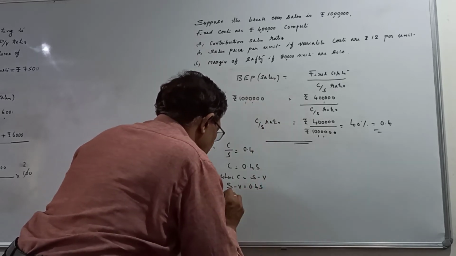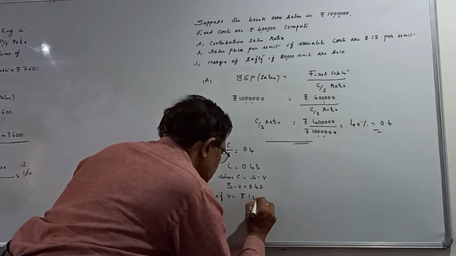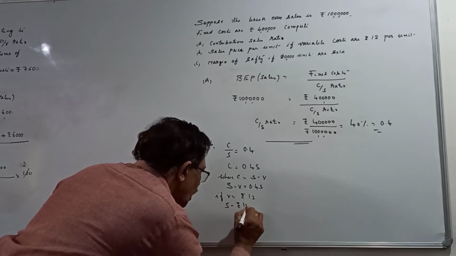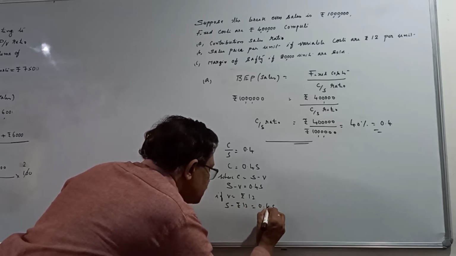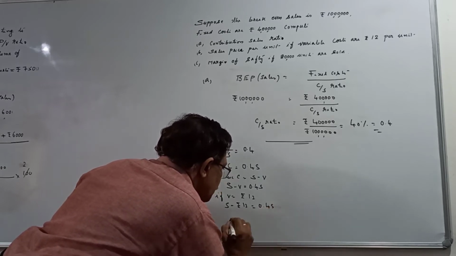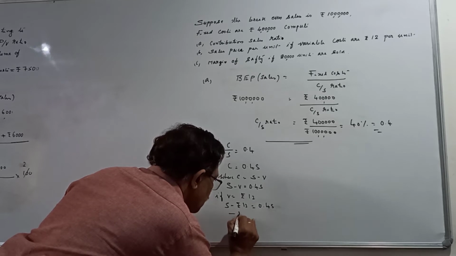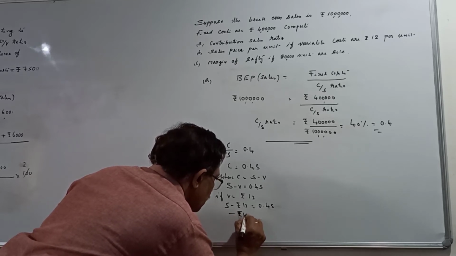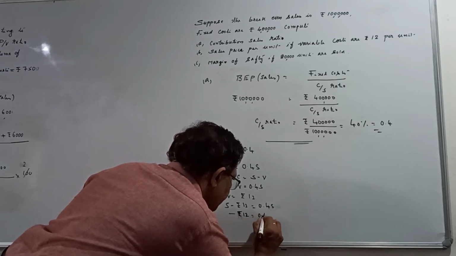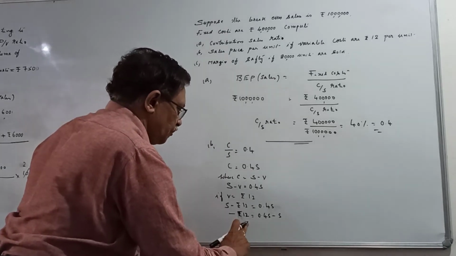He has given information that V is going to be rupees 12 as per the problem, then S minus rupees 12 is equivalent to 0.4 S. Let us take this particular S to the other side, then it is 0.4 S minus S is nothing but minus 12.